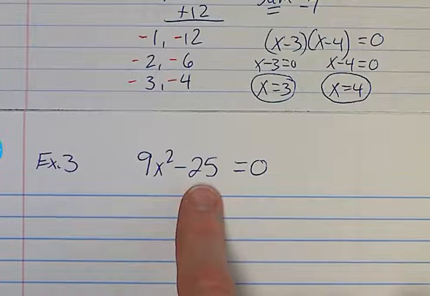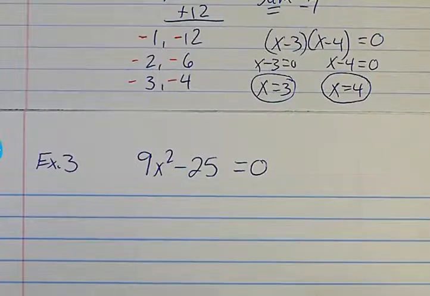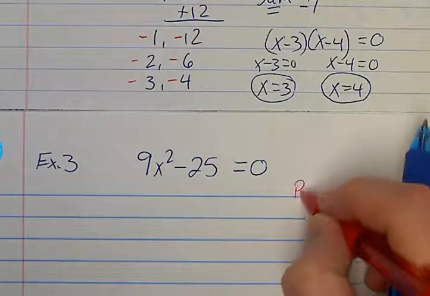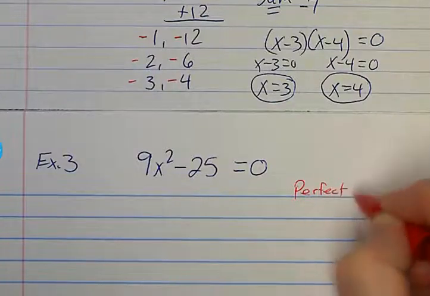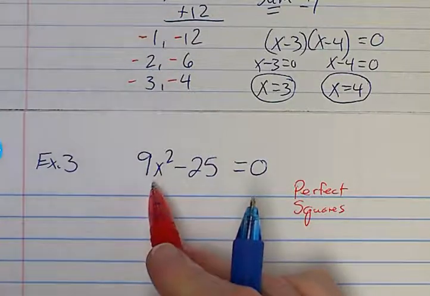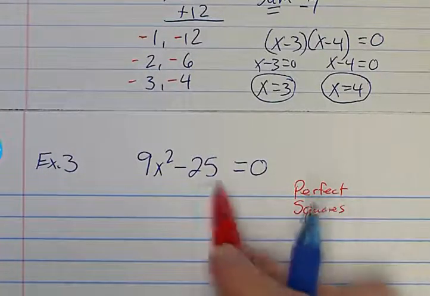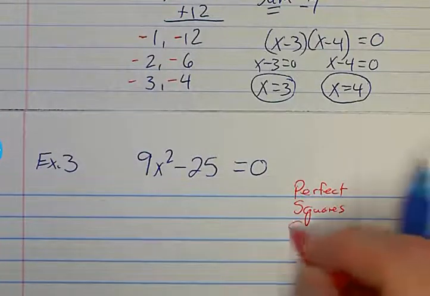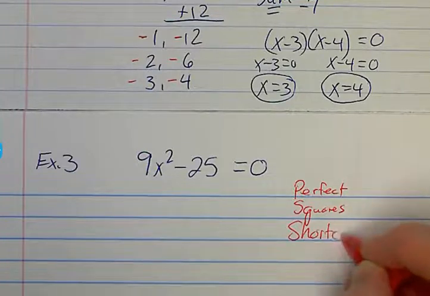So if there's not a greatest common factor here, and it's two terms, it's one of those special cases that we were looking at. And it's okay that those are both perfect squares, because 9 you can make 3 times 3, and 25 would be 5 times 5. So for this one, we're going to do the perfect squares shortcut.